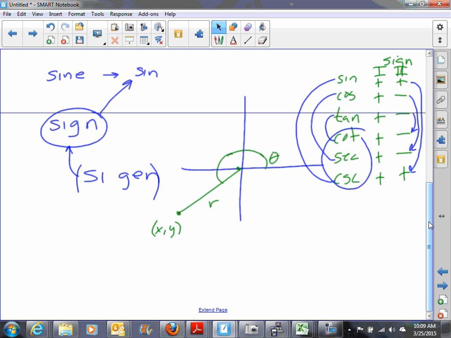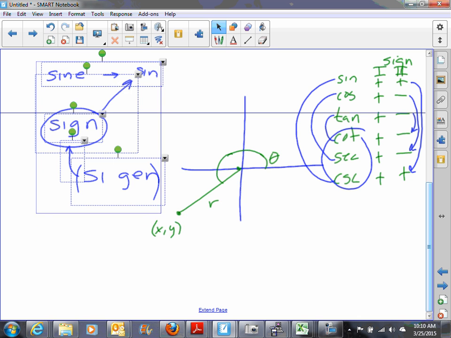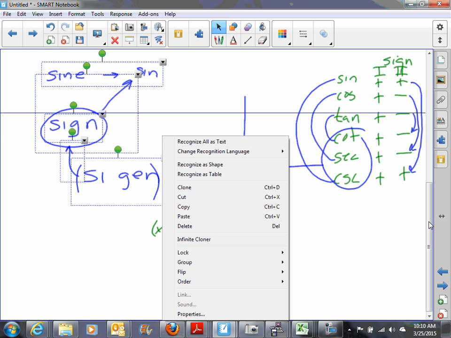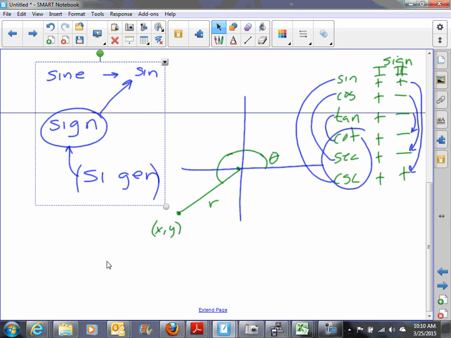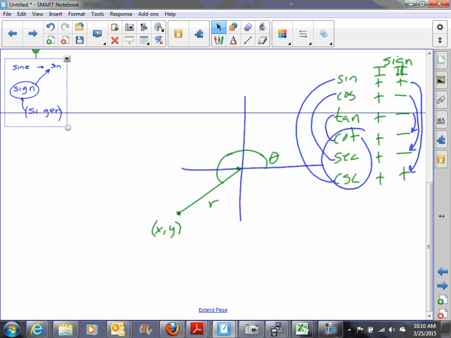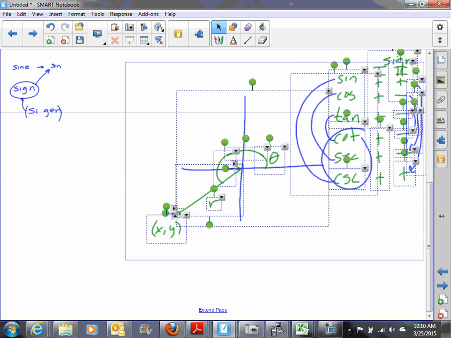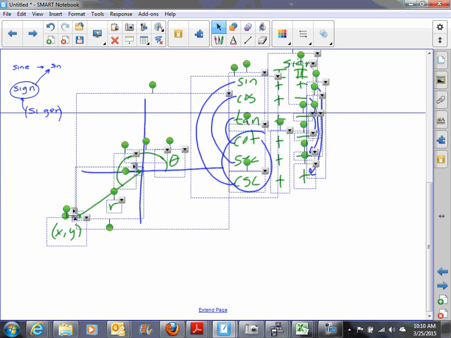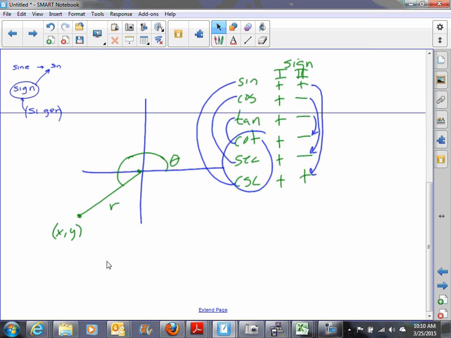In the third quadrant, both x and y are negative because we're going left and down. I'm running out of room here, so let's take all of this, make it a little bit smaller, and then we'll move all of this over a little bit. There we go. So now we can do the third quadrant.